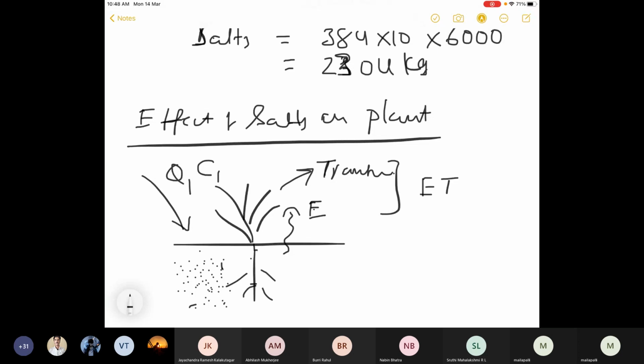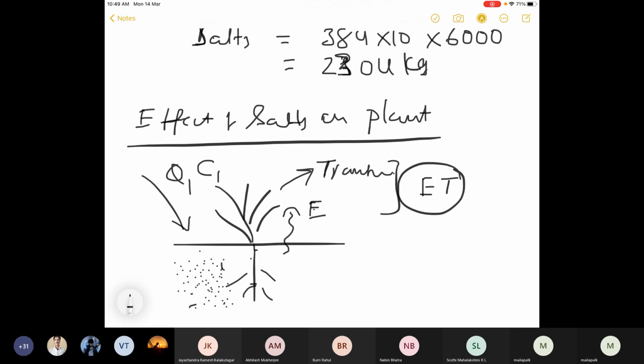That's how you get water from the soil if you have a crop field. That's the ET, total evapotranspiration. But how is the evapotranspiration going to influence the salts present in the soil? That's the question here.